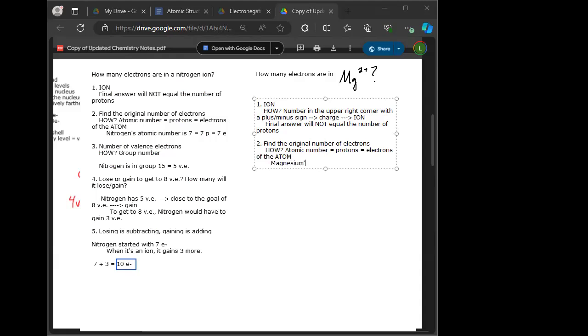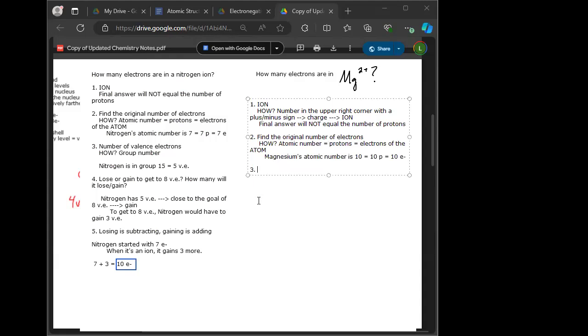Magnesium's atomic number is 10. That means it has 10 protons, and it started with 10 electrons. Now, when they give you the charge, that actually makes your life 10 times easier. Because we're going to use the charge. If it's positively charged, then that means it lost electrons.